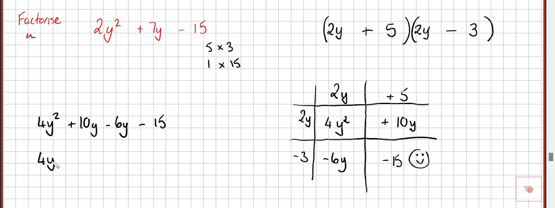That would be 4y squared plus 4y minus 15. So this is all right, but these are wrong. So that's not right, basically. That's why I said don't write it down. 10y is positive 10 minus 6.